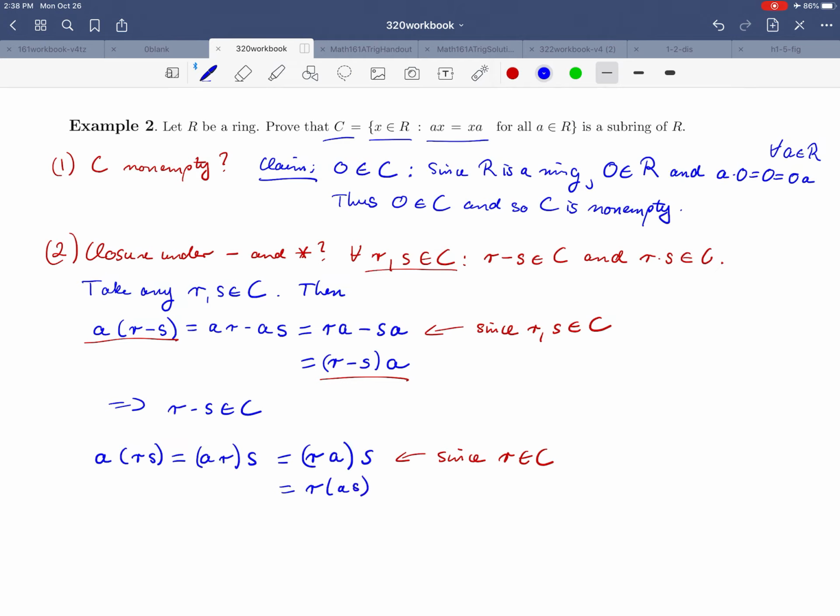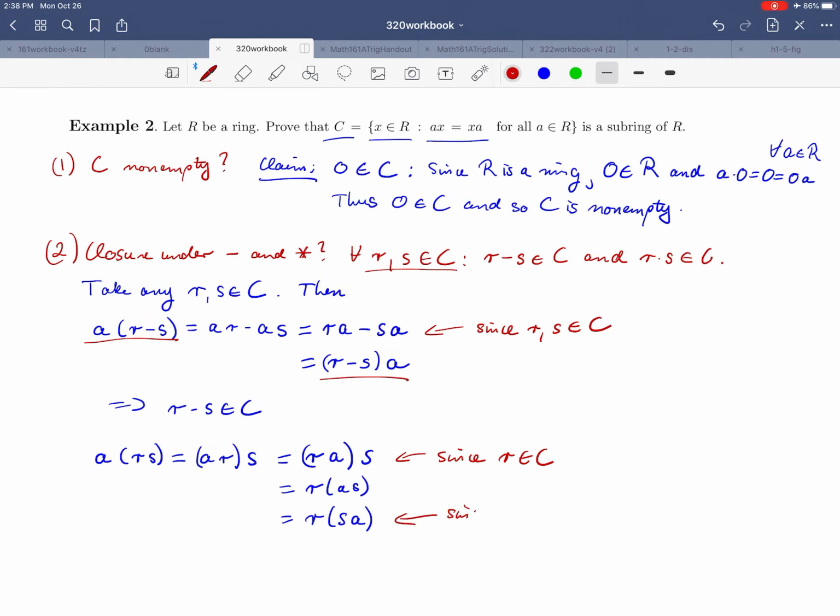We have associativity. So now we can look at R times A times S. And S is also an element in C. So we have, this is equal to R times S times A.